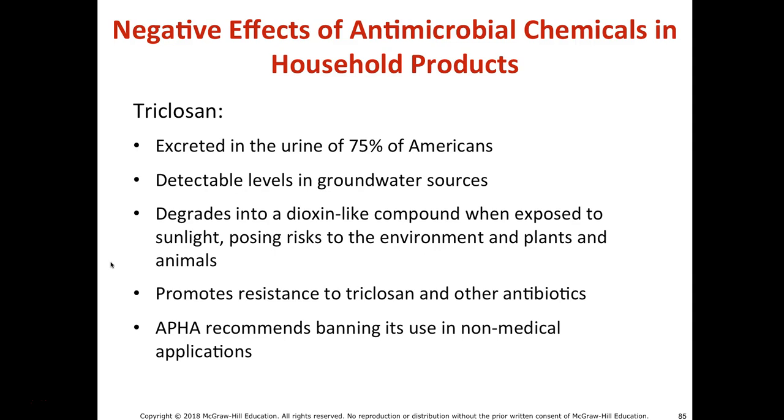So what happens there is it's going to degrade into a dioxin-like compound when it's exposed to the sunlight, and that poses risk to our environment and our plants and our animals. It is creating more of a resistance of microbes to other chemical agents and antibiotics. So this can be very dangerous as it continues. We are using this water for our crop irrigation as well.